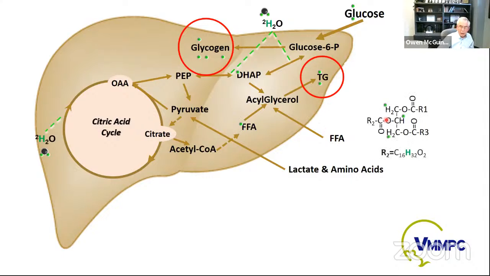The triglyceride portion also will have fatty acid molecules that will be labeled. Those labels will come from acetyl-CoA that will be labeled in the de novo synthesis of free fatty acids. So this triglyceride molecule will have free fatty acids that will be called de novo, or newly synthesized fatty acids.